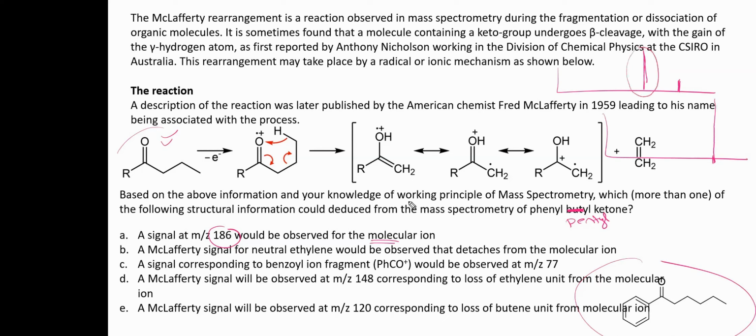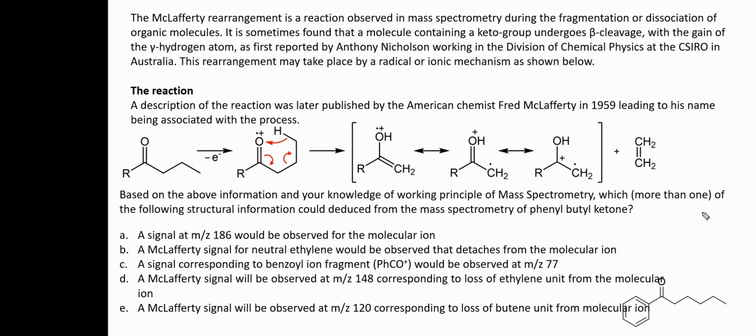So when you see a molecule with the McLafferty rearrangement, you will see a base peak that is not the molecular ion peak. So this is going to be essentially the tallest peak, and the molecular ion peak is going to be the one that is the heaviest peak. Okay, so that's that. Okay, so signal at M by Z 186 would be observed for the molecular ion peak.